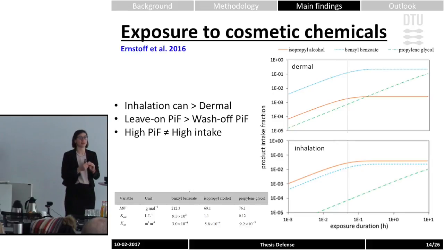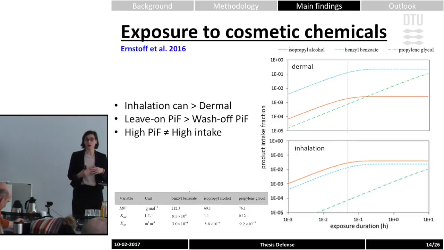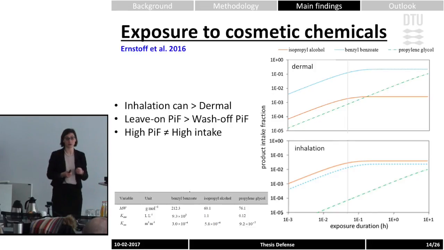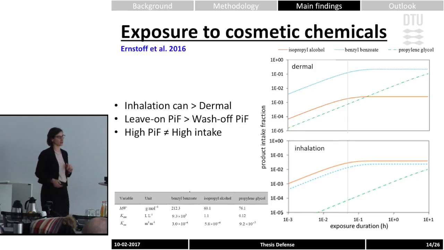This does not necessarily mean a high amount of mass is being taken in, because the concentration of the chemical in the cosmetic can be very, very low. Sometimes you can have trace amounts of chemicals, for example 0.001% or very low fractions. Concentration as in a weight fraction, I should specify.